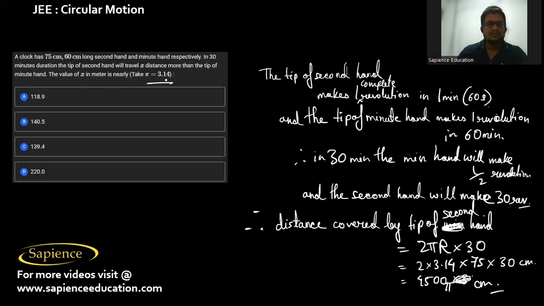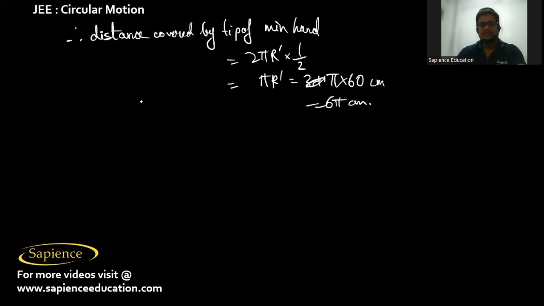Now, it is told that the tip of the second hand will travel x distance more than the tip of the minute hand, so x will be equal to 4500 pi minus 60 pi centimeter.